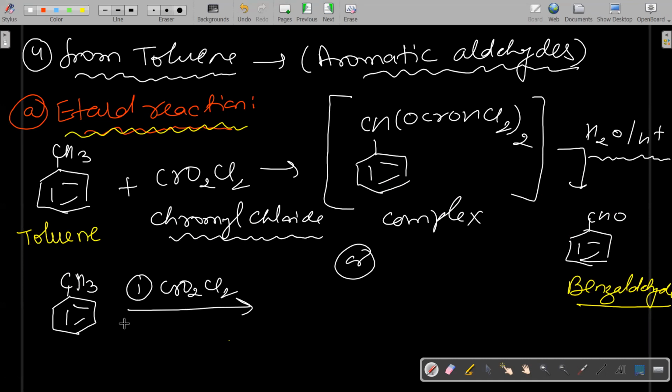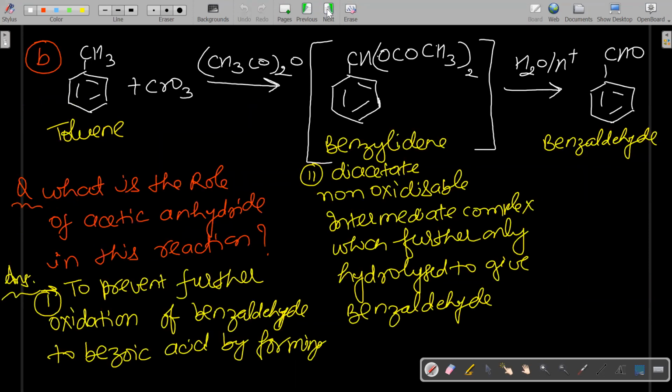Then you can write toluene, chromyl chloride, and in the same step, you can write this hydrolysis, and you can write the product, that is benzaldehyde, okay? So any method you can apply. This is the same reaction. Either you can write in the step form, or you can write the direct also. So this is Etard reaction.